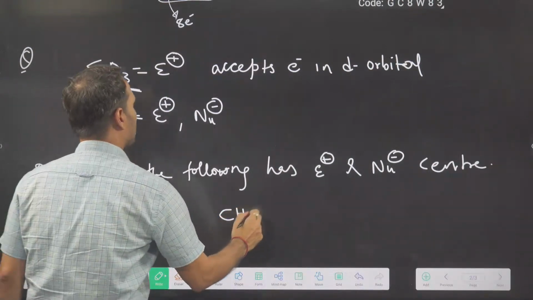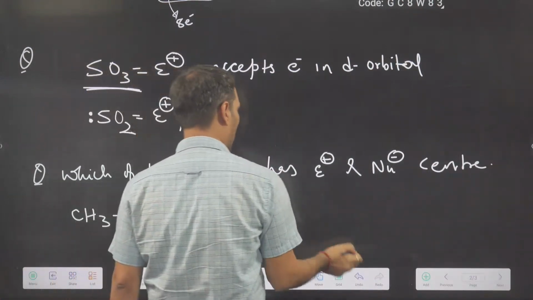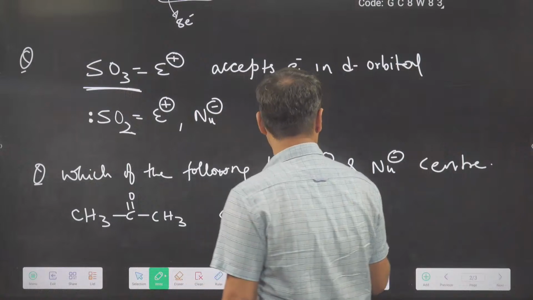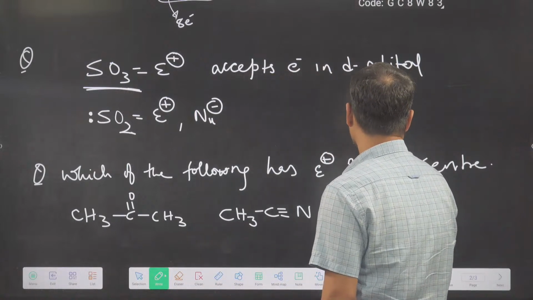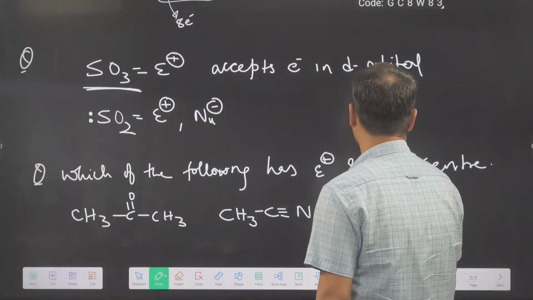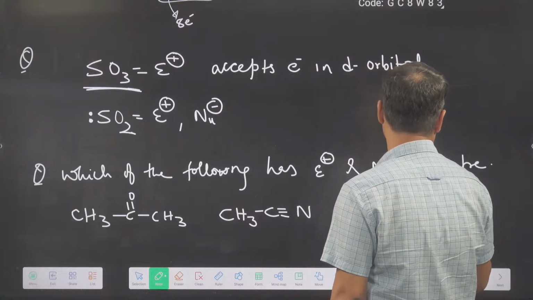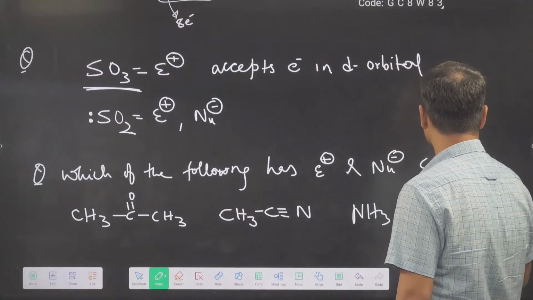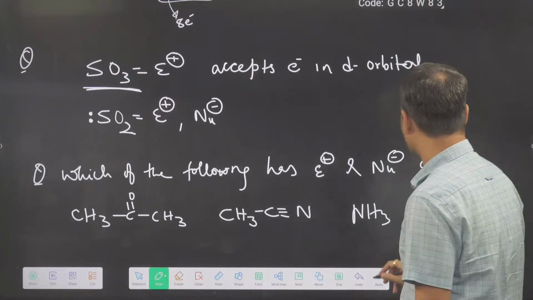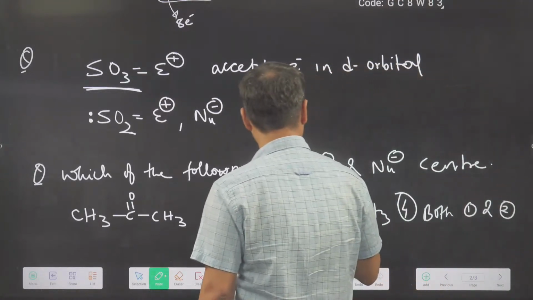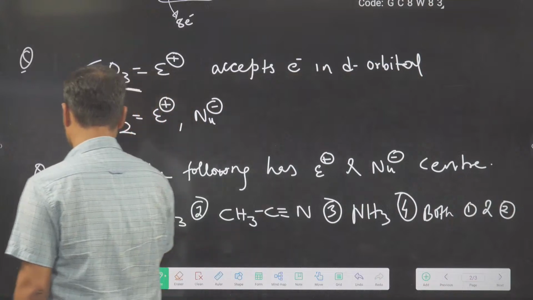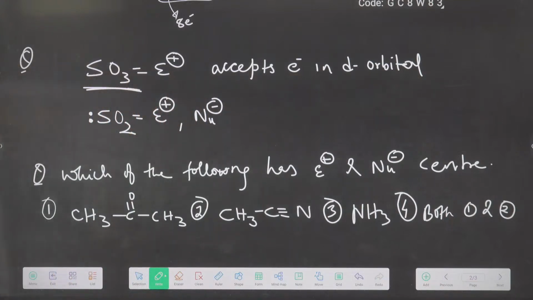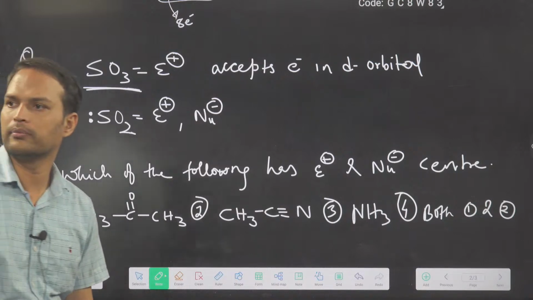Second option CS3, C triple bond N. Third option they will give you, suppose, NH3, and fourth option they can give, what do they give, tell me, both 1 and 3, both 1 and 2. So what will be the correct answer? What will be the correct answer in this case? Understood? Okay.